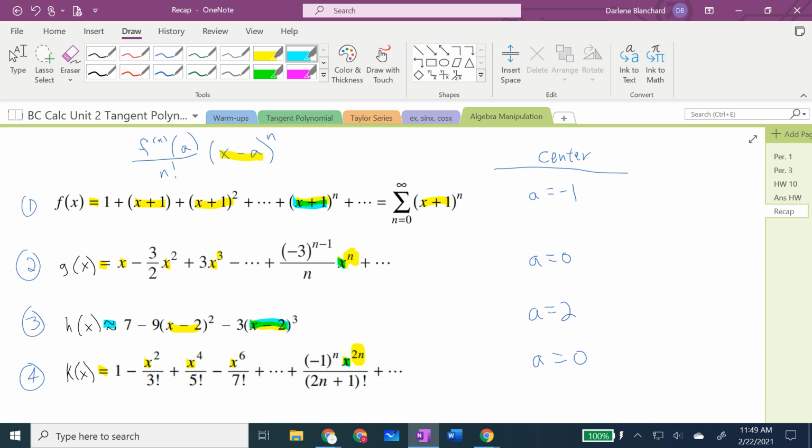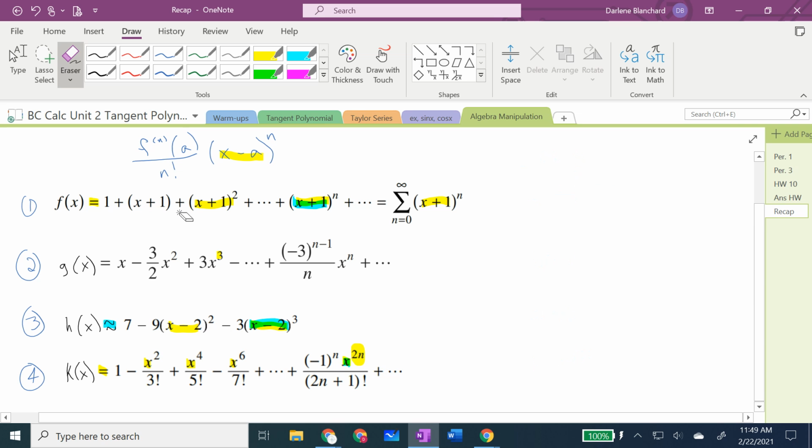Now, if I asked you for G, I'm going to erase this column if that's all right. I'm going to erase the column of this is what the center is. And get these highlights out of the way. Let's look at this one.